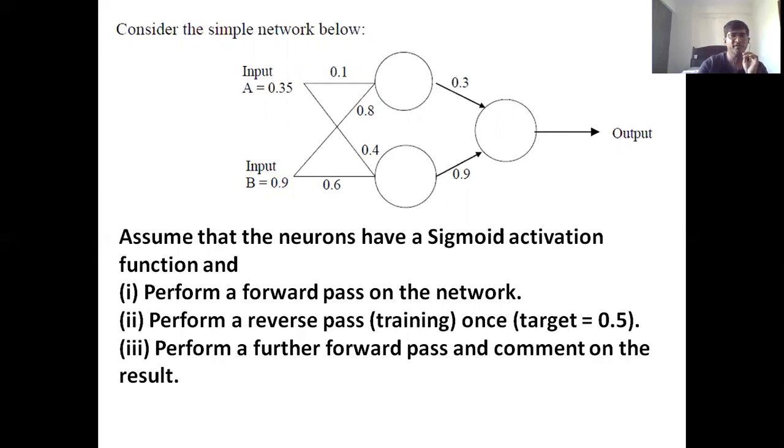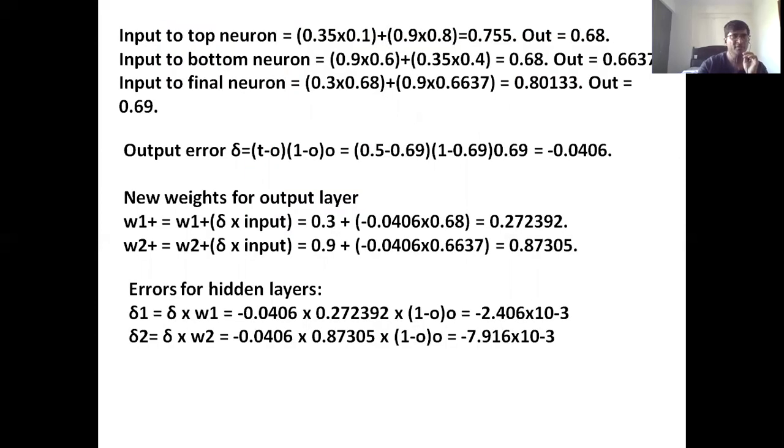So the first thing is we have to calculate the output, right? In order to calculate the output, using the same set of formulas that we learned, we would first do the forward phase. I hope everyone understands how we calculate the forward phase.